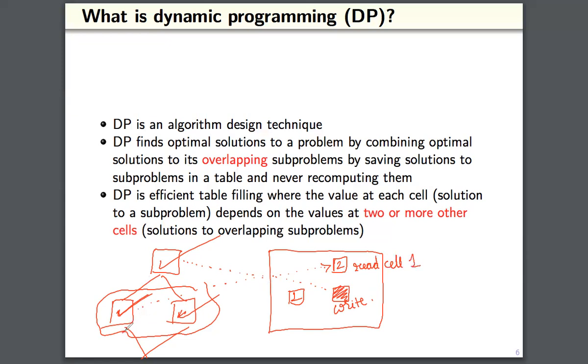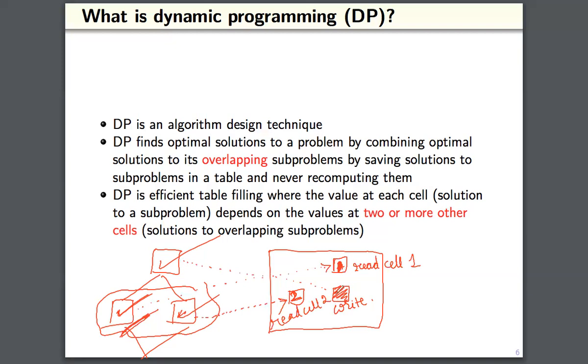That means you're using the result of this subproblem and the result of this subproblem. Let me write it as read cell 2. So every cell depends on 2 or more cells of the DP table. It reads from 2 other cells that are already written. So using the answers there, you compute another empty cell.